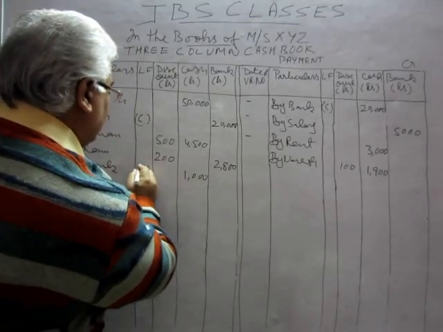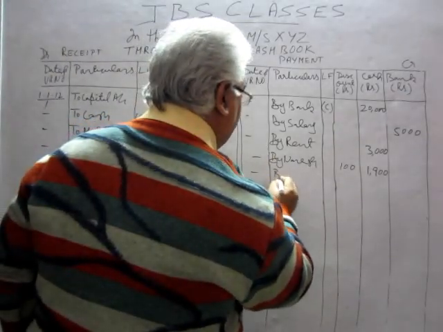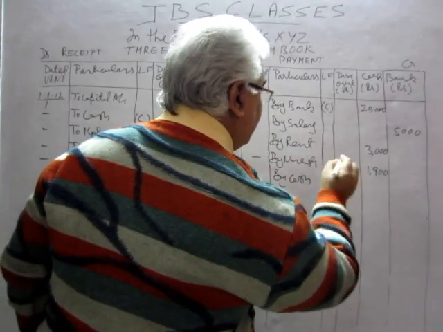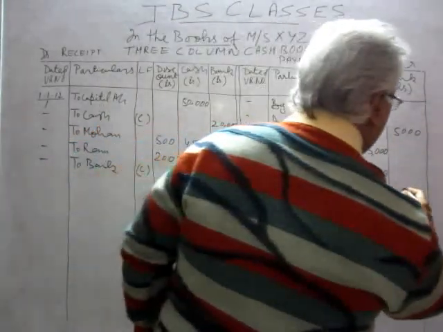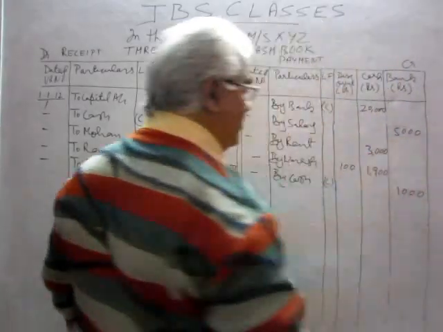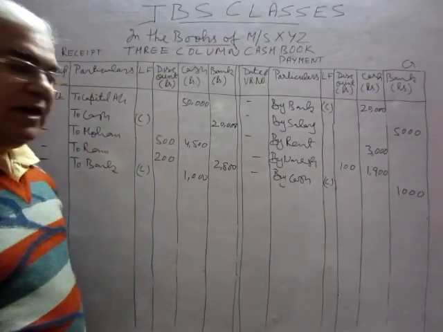It's a contra entry. Okay, and here it will be by cash, contra entry, and it will go out of bank, so it will come in the bank column. So you have understood what contra entries are.